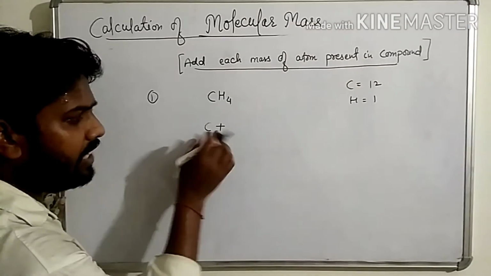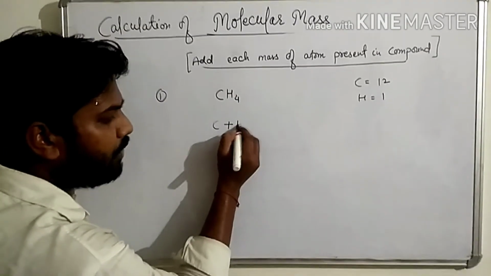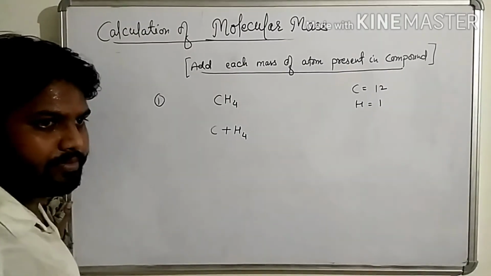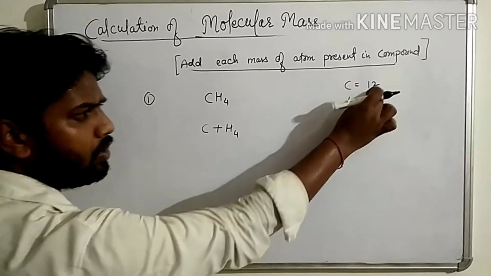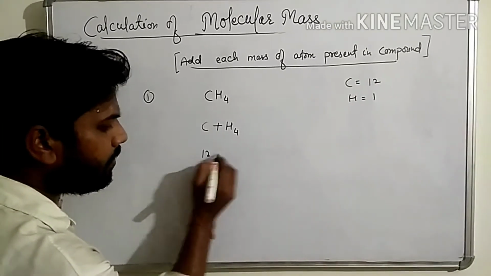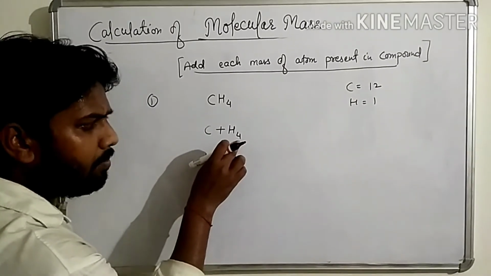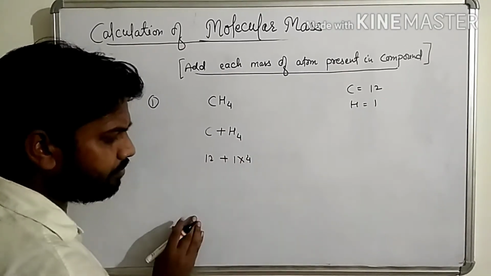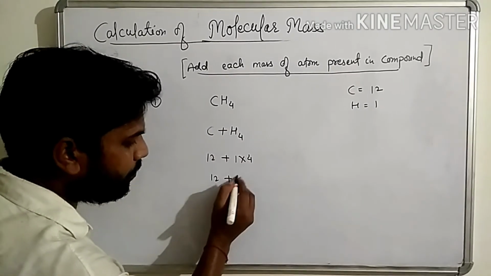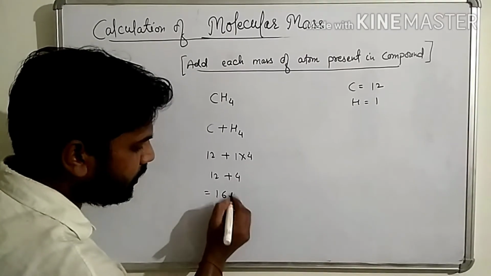Okay, when there are different atoms, we have to write C plus H4. Clear, children? Now put their masses. Carbon 12. There are 4 atoms of hydrogen, so 1 into 4. 12 plus 4 is equal to 16 u.